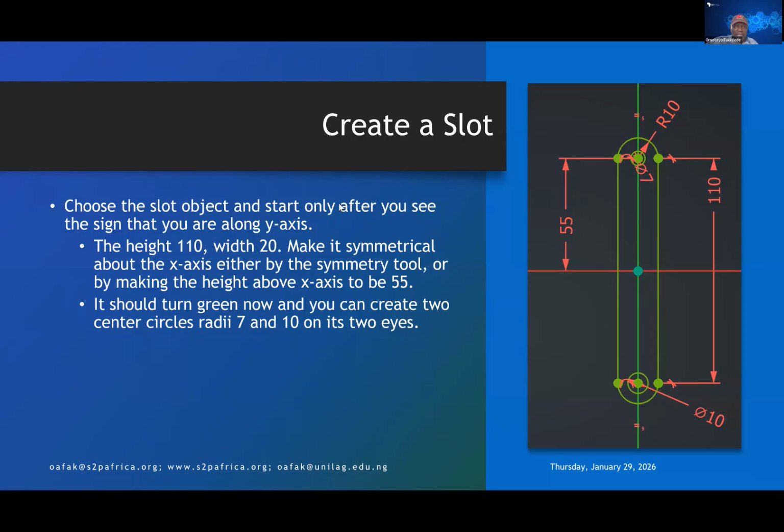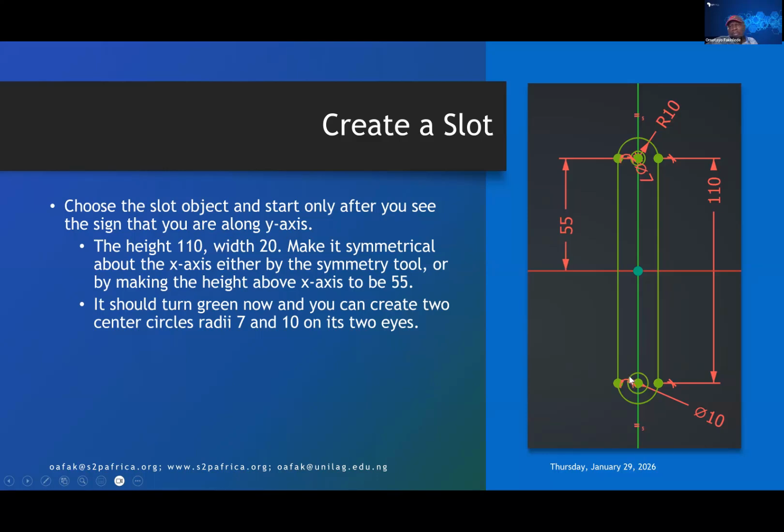So you choose the slot. The first thing is that you make sure you are on this line and you will see a sign that you're on the line. You will see a curve with a dot on it. That shows you are on the line. Then you start on the line, go down and stay on the line. Then you give the parameters 110 and 15, I think 15 for the width.